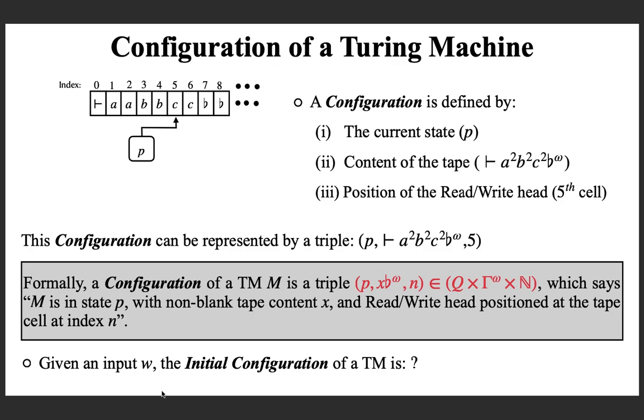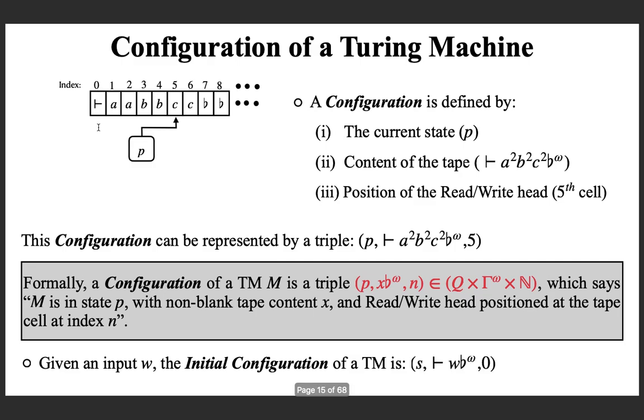And now, given an input string W, what would be the initial configuration? The state must be the start state, the tape content is the input W followed by blank to the power omega, and in the initial configuration the read head must be positioned at index 0.